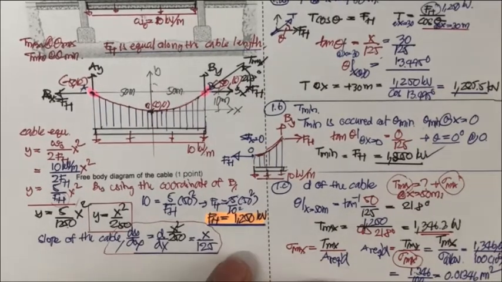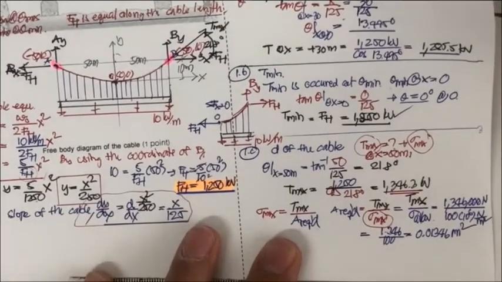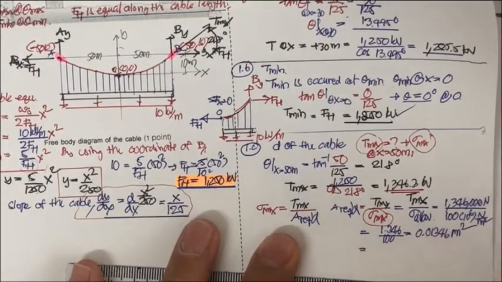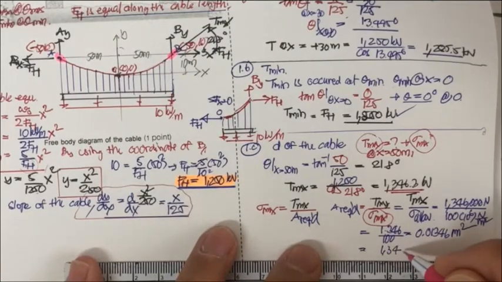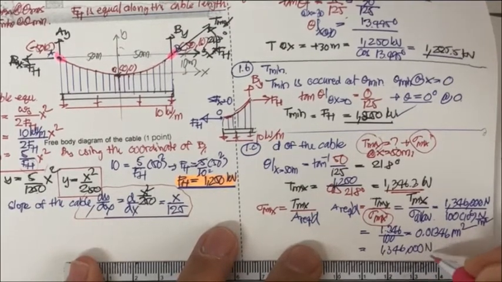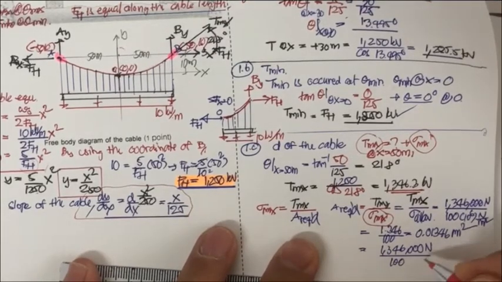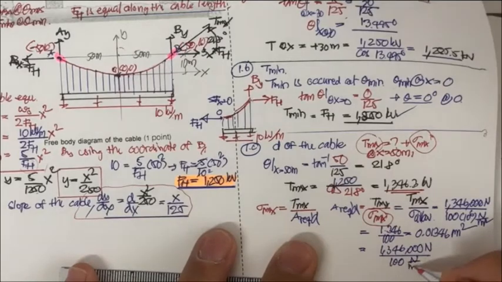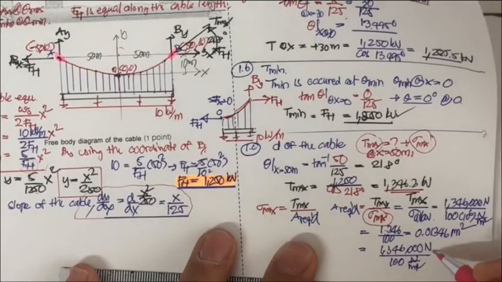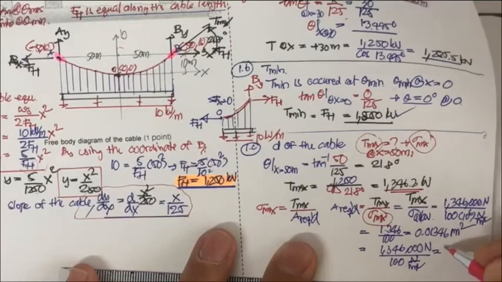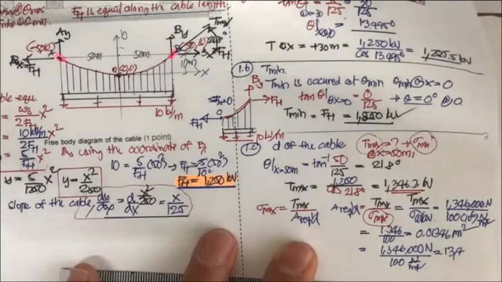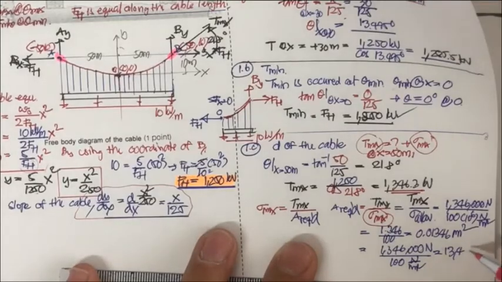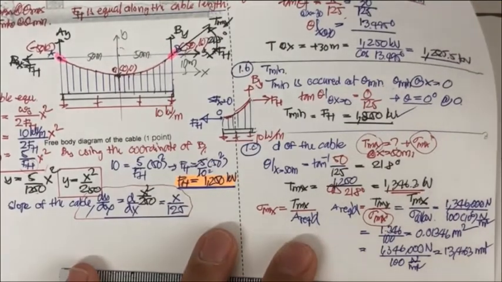And if you like to put it in millimeter, you may put this as 1346 Newton divided by 100 Newton per millimeter square. So you're going to get 13,463 millimeter square.